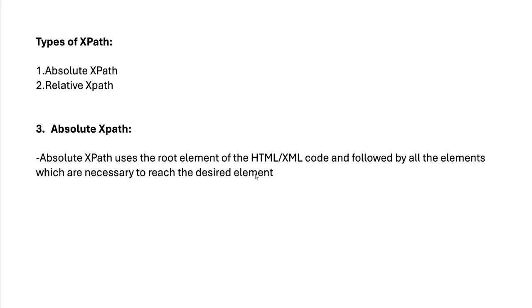Basically, it starts from the top, where the HTML starts, the top of the node. From there you have to traverse until you identify the element. It starts with a forward slash. Just one forward slash is used to identify the absolute XPath.